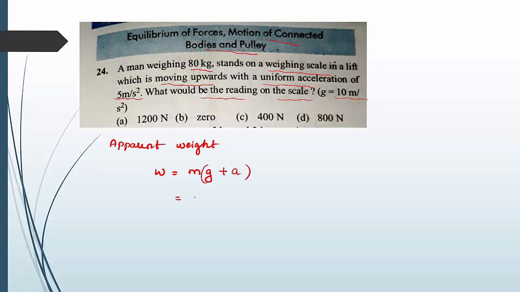So substitute the values: mass is 80 kg, acceleration due to gravity is 10 and acceleration is 5. 80 into 15, so we will get the answer 1200 Newton. So 1200 Newton means option A is the right answer.